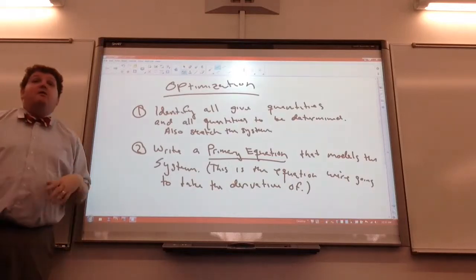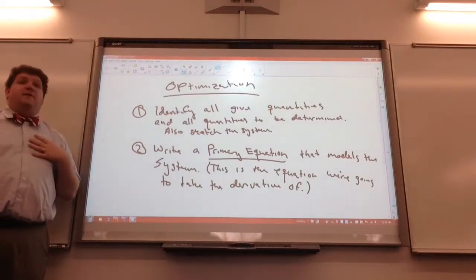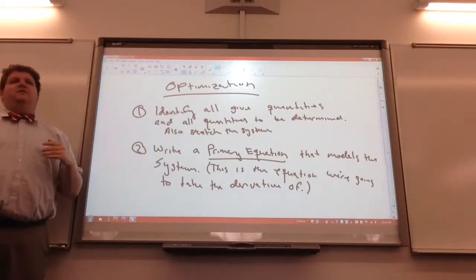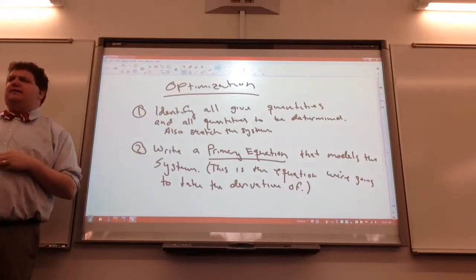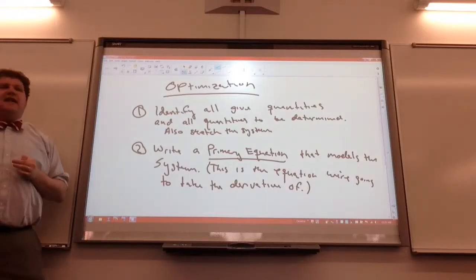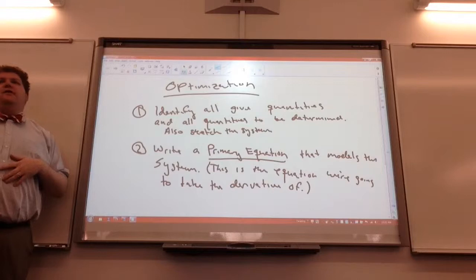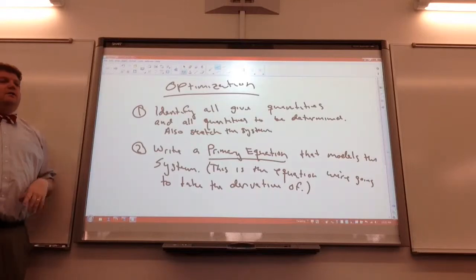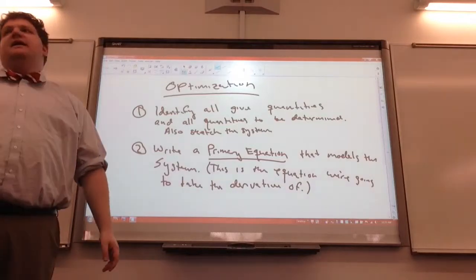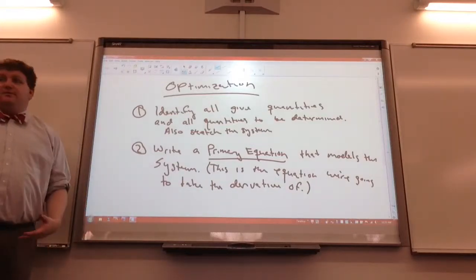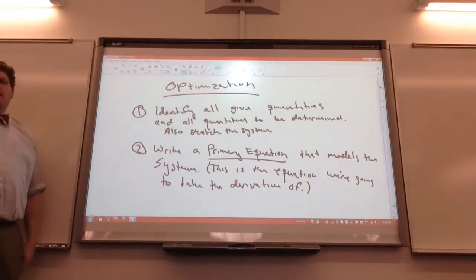Also, sometimes they will give you this equation. Sometimes you'll have a problem where they just straight out say the system is modeled after this equation, maximize it or minimize it. A lot of times you do have to create this equation yourself. It's going to be something usually simple from geometry, like a circle, a square, a rectangle, a triangle, or a simple volume.